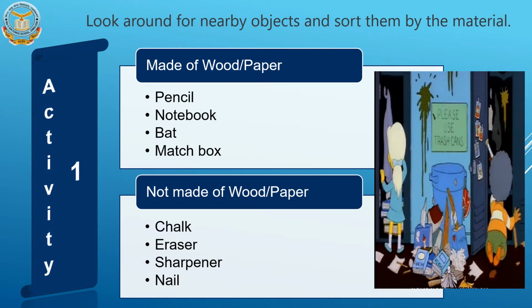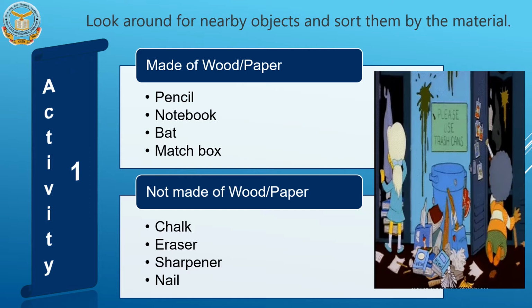In this activity, let us collect as many objects as possible from home, classroom, or outside the school. Let us now separate all objects from this collection that are made from paper or wood. This way, we have divided all objects into two groups.